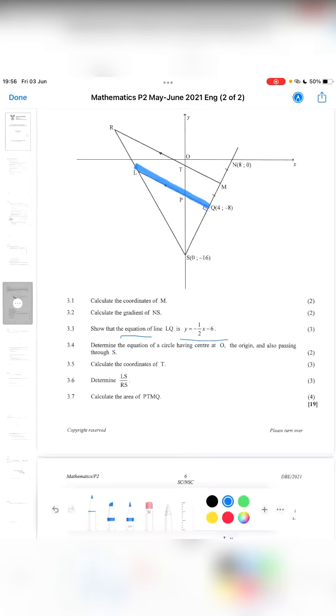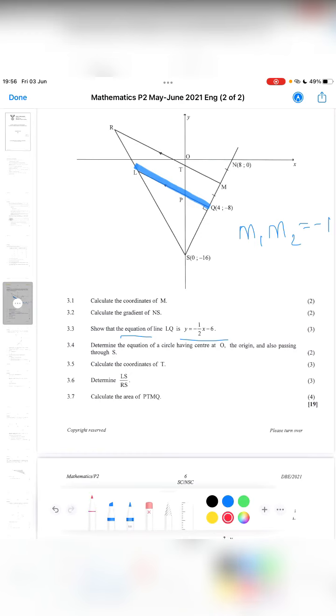What do I know about the line LQ? I just know, ladies and gentlemen, that when you have perpendicular lines, the gradient of the first line times the gradient of the second line gives you -1. When you multiply the gradient of line 1 times the gradient of line 2, it equals -1, only if those lines are perpendicular to each other.